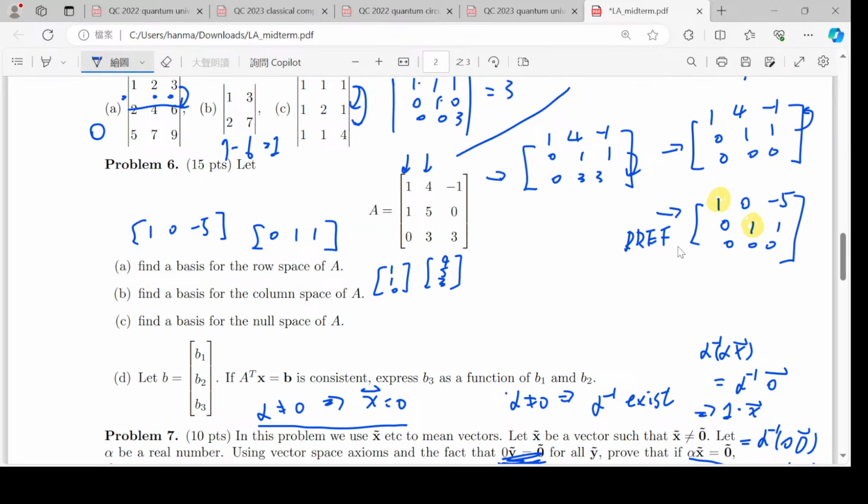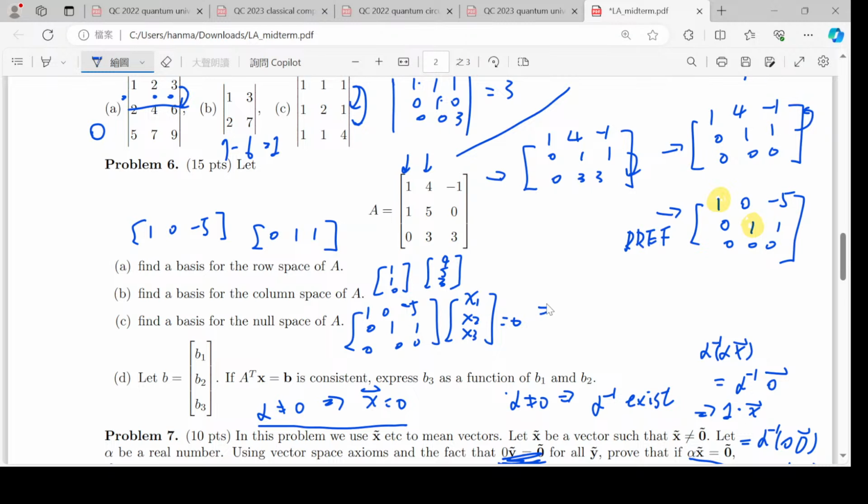We want to find the null space of A. I think what we do is, Ax equal to 0 is the same as REF of A times x equal to 0, right? So we have 1, 0, minus 5, and 0, 1, 1, and 0, 0, 0 times x1, x2, x3 equal to 0. And so you see x3 is a free variable.